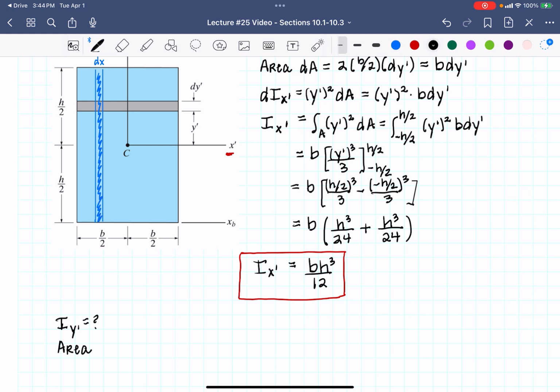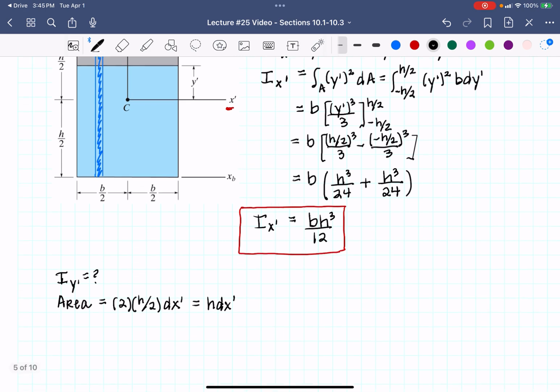And so I'm going to say that my area is equal to 2 times h over 2, or h, times dx', which is going to be equal to h times dx'. And remember, h is a constant, so in the integration I can pull it out.